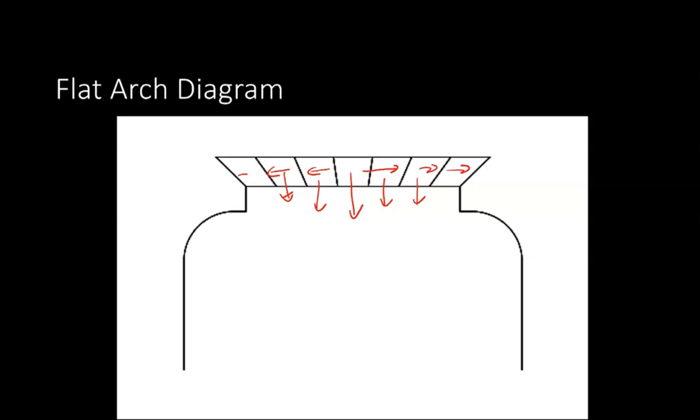Now, the main problem I mentioned with the flat arch is that none of the stones next to it, or very, very little of the stone to the left or right of the keystone, is doing anything to support it from going down. It's basically the only thing that keeps it from going down is the fact that these stones are wedged together so tight that none of them can move.